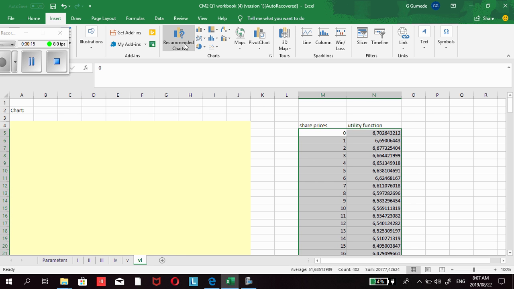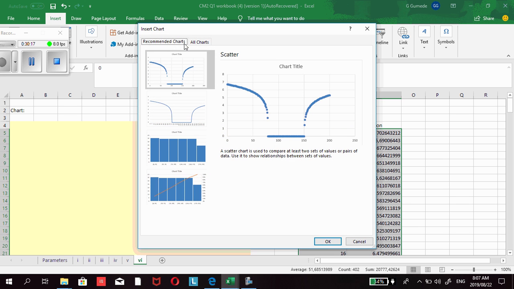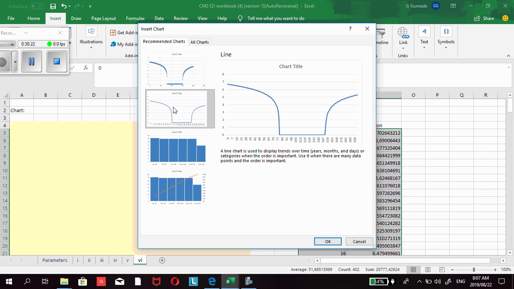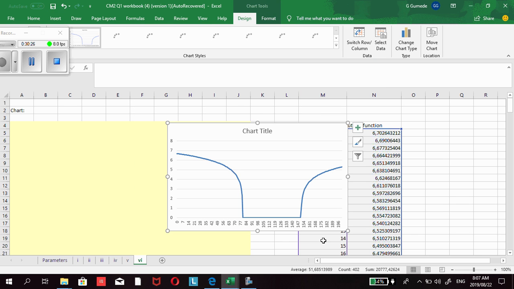I'm going to click recommended charts and I can see the different curves recommended. This one looks sensible to me, so I'm going to press OK. And there is my chart.